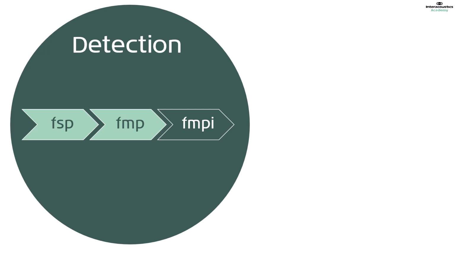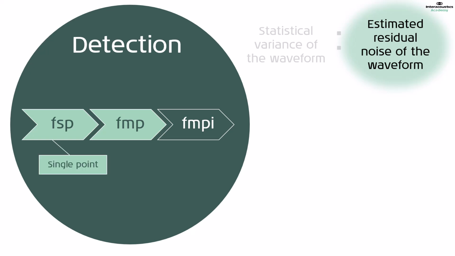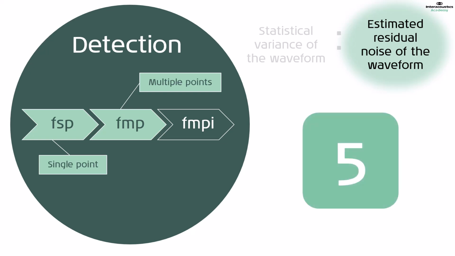FSP and FMP essentially calculate a signal-to-noise ratio based on the statistical variance of the measured average overall waveform in relation to the estimated residual noise of the waveform. FSP estimated the residual noise based on a single point of data on the waveform. FMP extended this to making use of multiple points of data on the waveform, 5 to be precise.